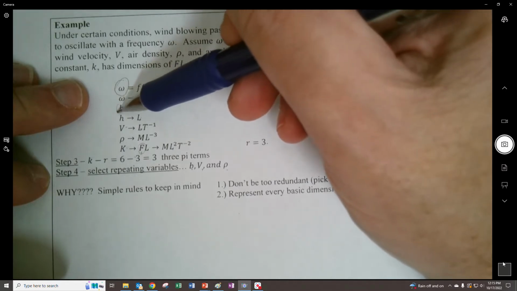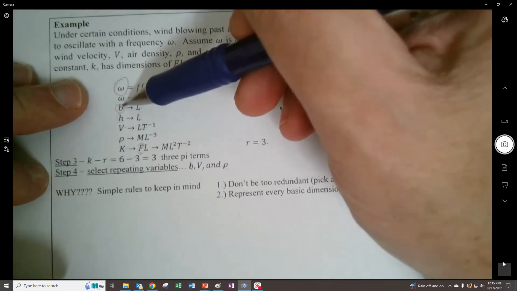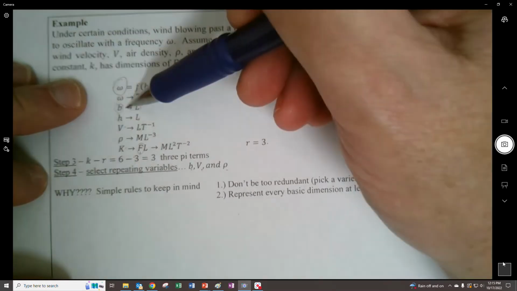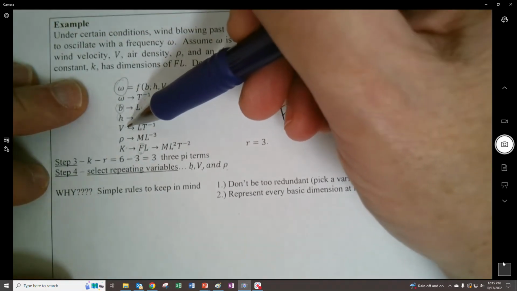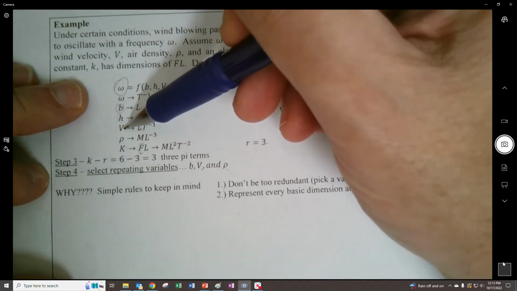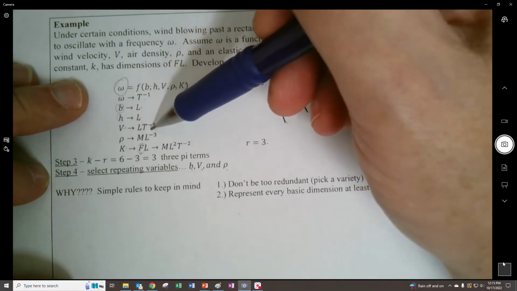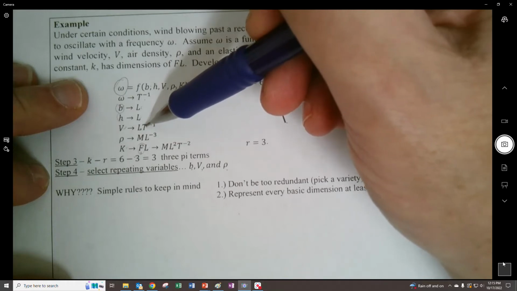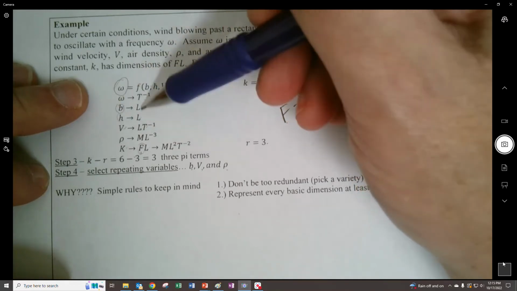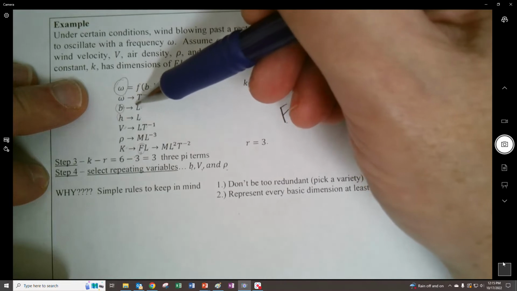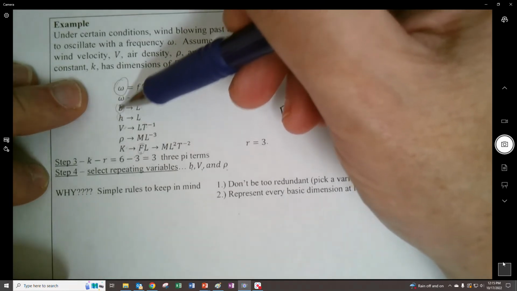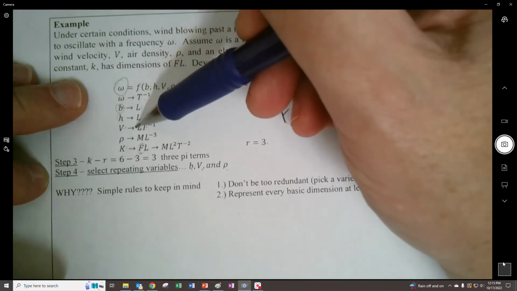We could either choose B or H, but not both of them, right? Because we don't want to be redundant. We want a variety. V looks pretty good because it's fairly simple. It introduces time in there. If we'd already picked one of these, let's pick the width instead of the height, we could just replace it at the end if we had chosen the other one.